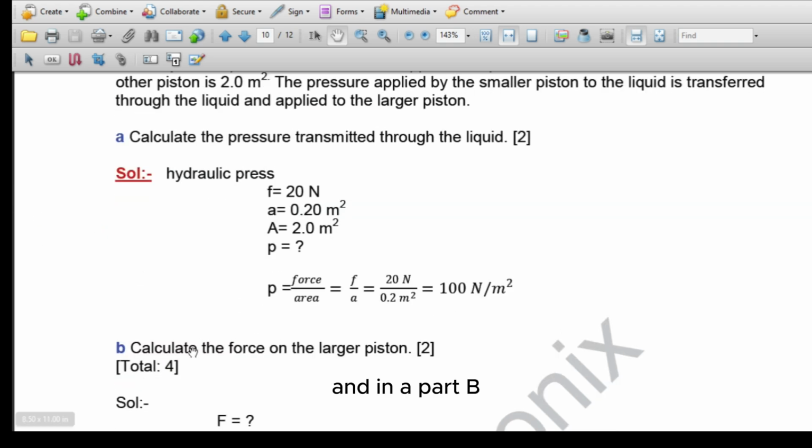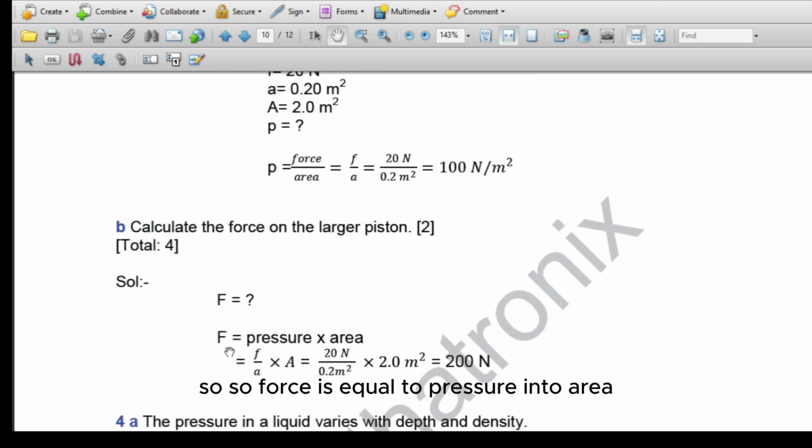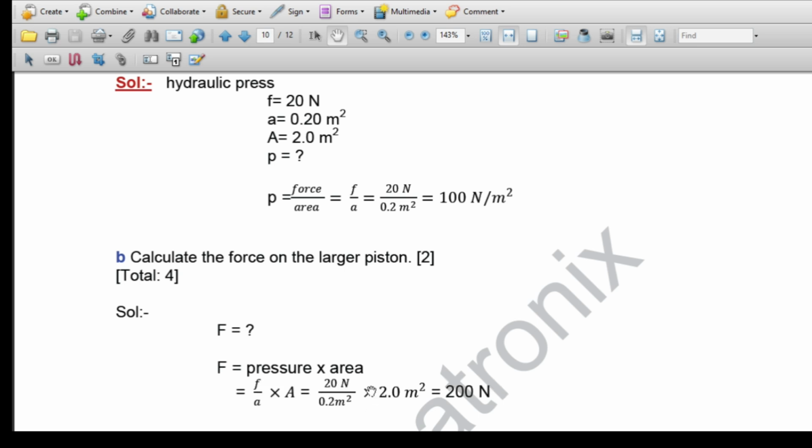In part B, calculate the force on the larger piston. The larger piston is basically 2 meter square area. So force is equal to pressure times area, and this pressure is obtained as force per unit area. So we have 20 Newton divided by 0.2 meter square, multiplied by the larger piston area of 2 meter square.